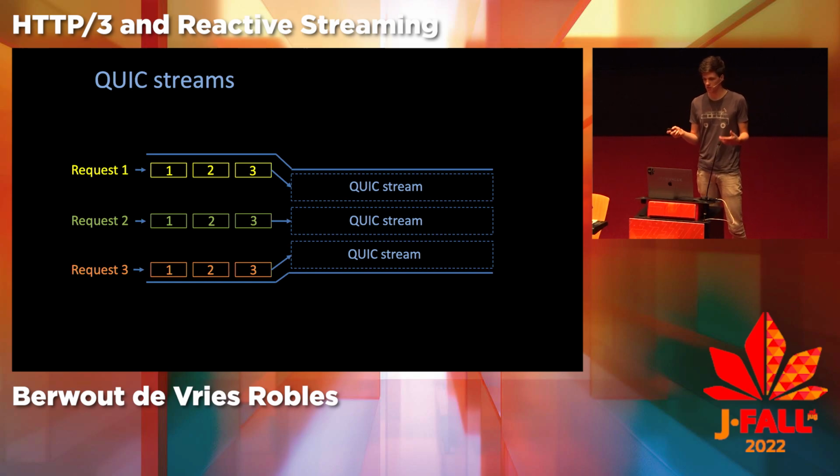So QUIC streams look a little bit similar to the HTTP2 multiplexing that we had, except that each individual request gets its own QUIC stream, and you can kind of visualize this as a TCP stream on its own. So the congestion control is inside QUIC, and it's similar to TCP. The acknowledgement of packets is inside QUIC, and it's also similar to TCP.